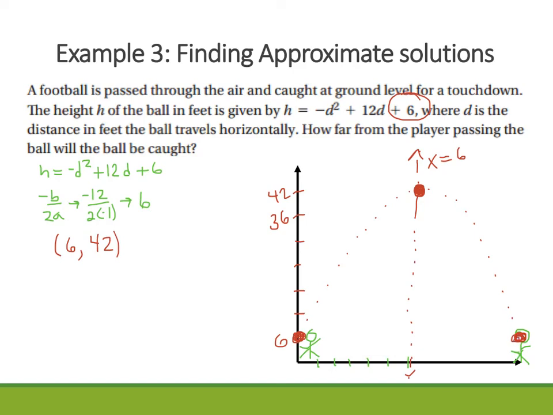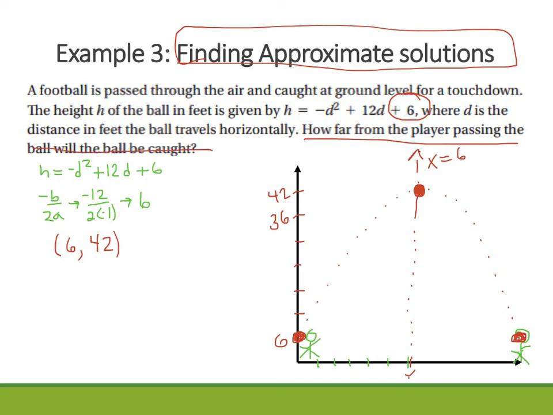And the question, remember, we're finding approximate solutions. So the question says, well, how far from the player passing the ball will the ball be caught? And according to this equation, this d right here, which is our x-axis, is distance. It's the distance that the ball travels horizontally.